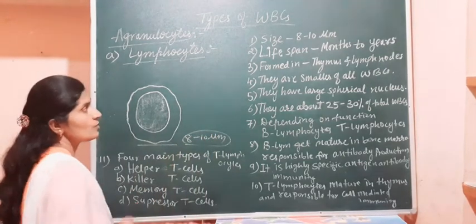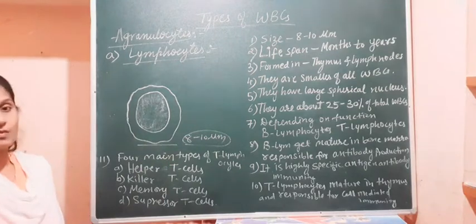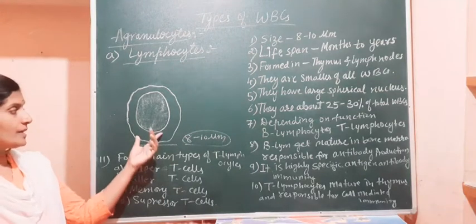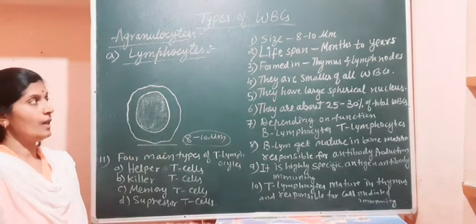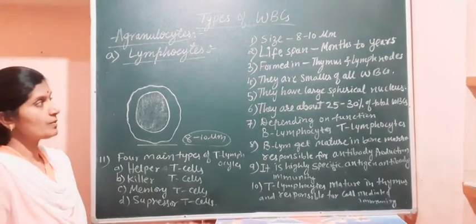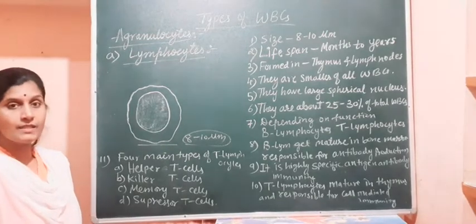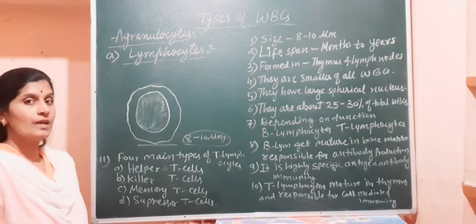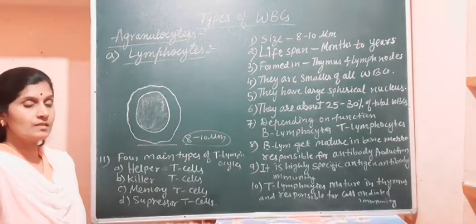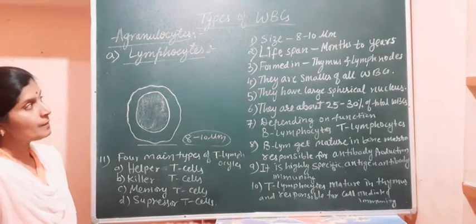Those cells are too small, but the lifespan is more. How much is it? Months to years. The previous three types of cells have a lifespan in hours, but here it is months to years.